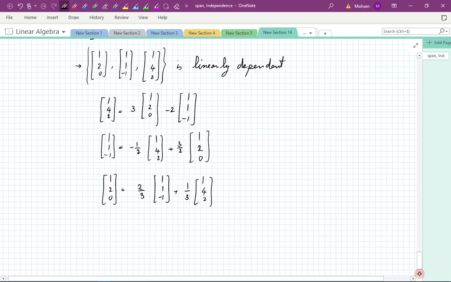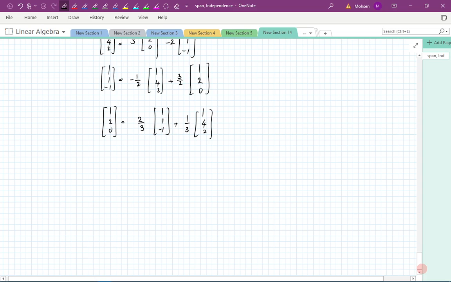Now, sometimes there are easy ways of figuring out a set is dependent without going through all that work. Sometimes, based on some simple observation or some theorems, there are easy ways to detect dependence.